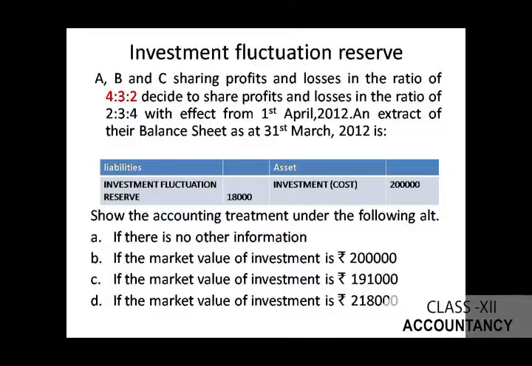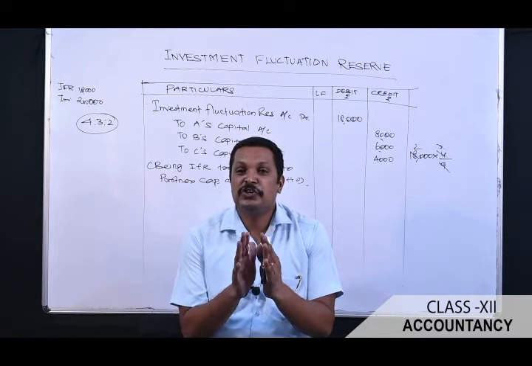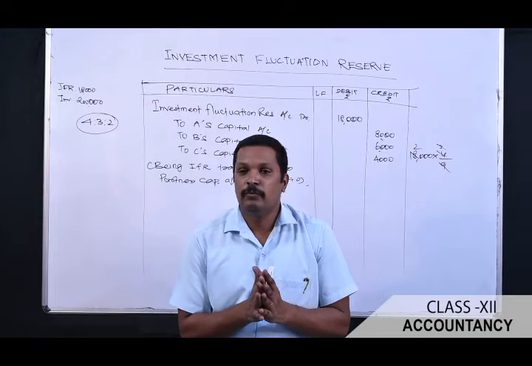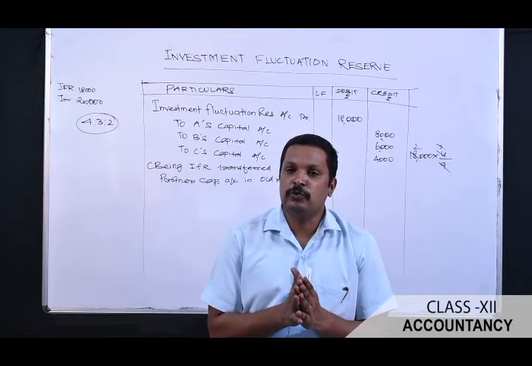What is the second case? If the market value of the investment is 2 lakh, okay, what is the cost of investment? 2 lakh only. What is the market value of investment? 2 lakh only. There are no changes in the market value and book value. In that case, what do we have to do?